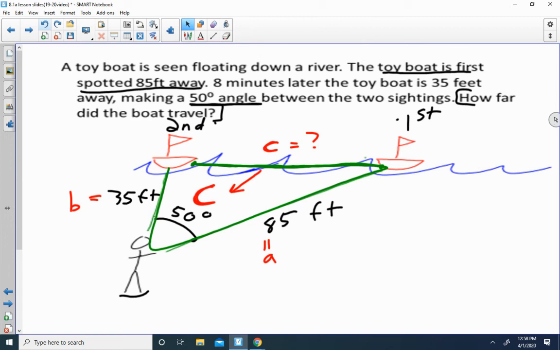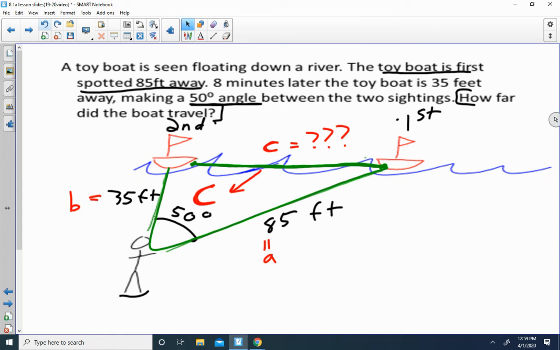Or in other words, from the first sighting to the second sighting, how far did the boat float? We know it took 8 minutes. That's the time, but we want to know distance. Or in other words, we want to find side c, how many feet there are between the two boat sightings. So that's our goal. We need to find little c.